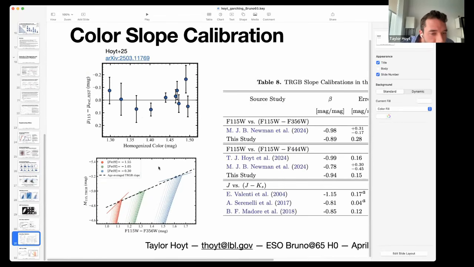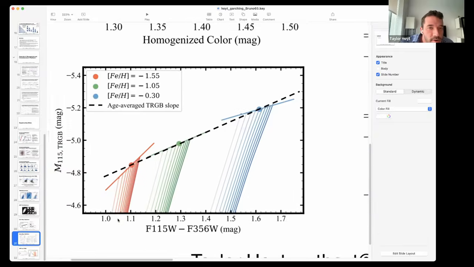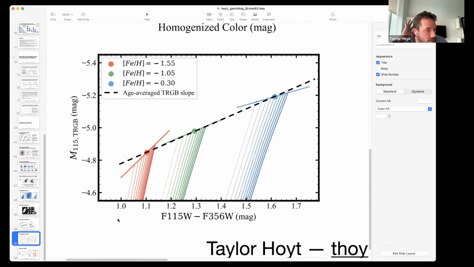So, in this, can I zoom a little more? In the bottom left here is a plot of, again, the tip of the infrared TRGB color that we use with James Webb, with the IR color on the x-axis, and plotted our isochrones from ages 4 to 10 gigayears in 3 metallicity bins, which are chosen to span the full range of our JWST observations.